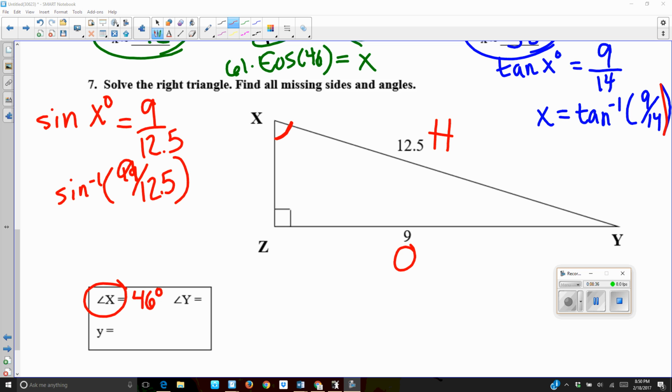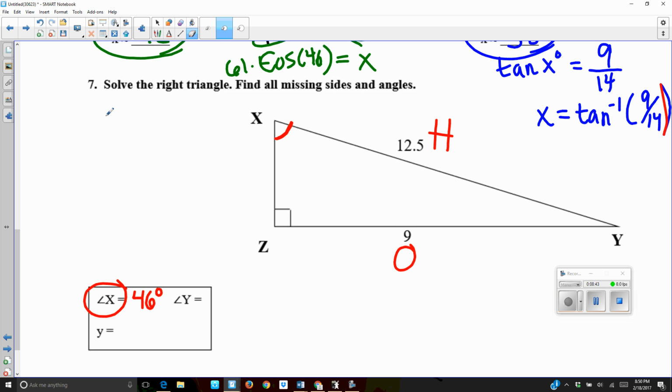It's important to know that if you wanted to find angle y first, you could have. Obviously, you would have used a different trig function: the cosine trig function. Ultimately, it shouldn't affect your answer.